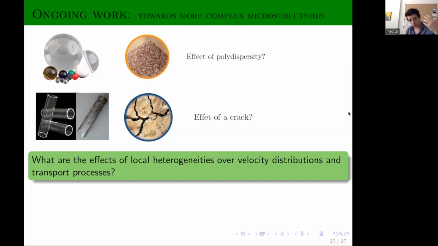But you can think of other tiny local heterogeneities. Overall, the idea is to investigate the effect of all these local heterogeneities to see how the mechanisms going on at the pore scale affect overall the velocity distribution and transport processes of the soil and of the porous material.